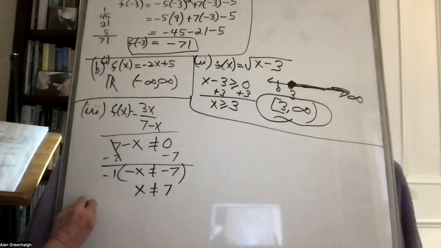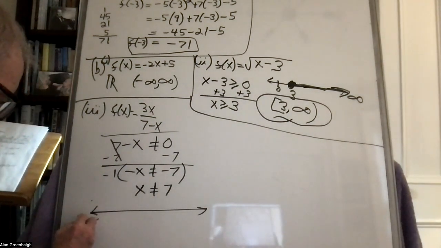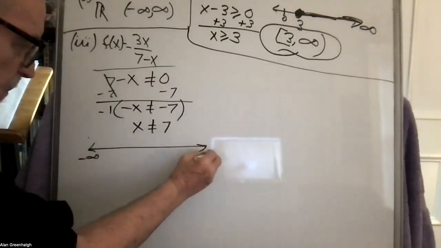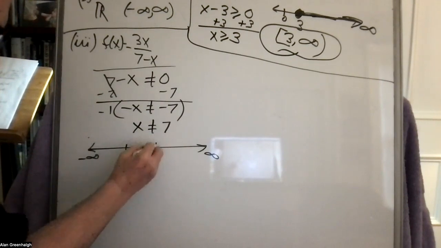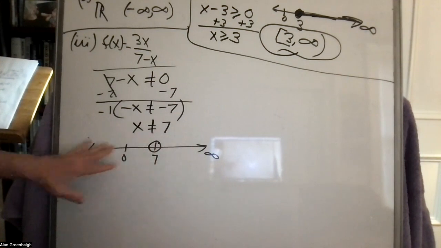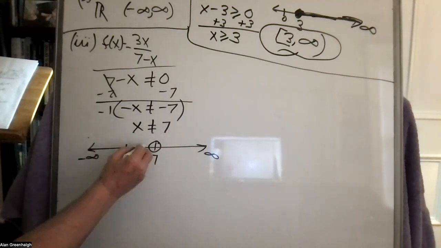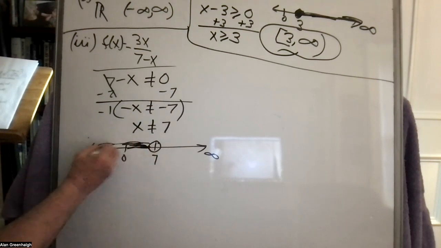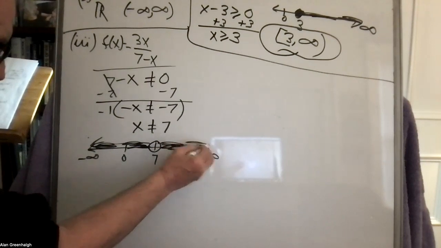In other words, on the number line, negative infinity to infinity, and here's 0, here's 7. It's the whole number line, but you leave out the 7. So it's everything in this direction and everything in the other direction.